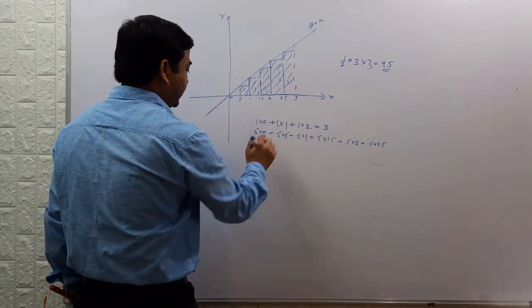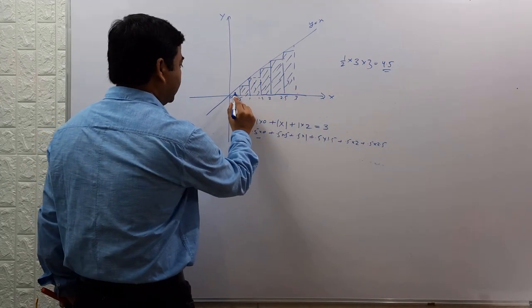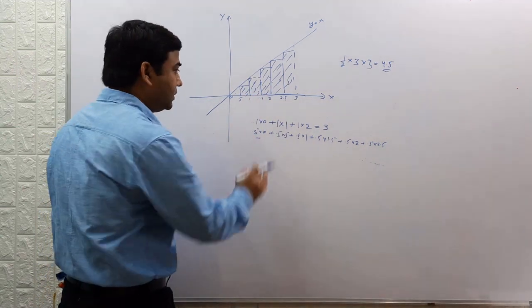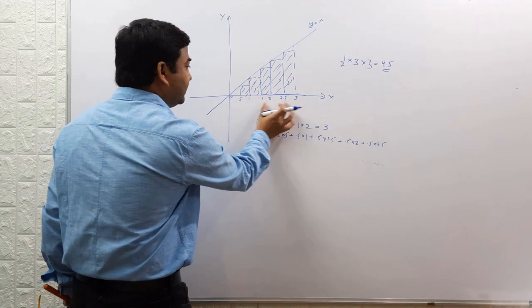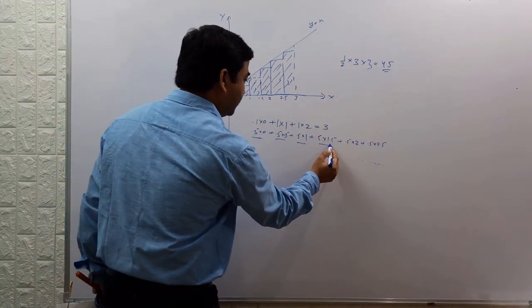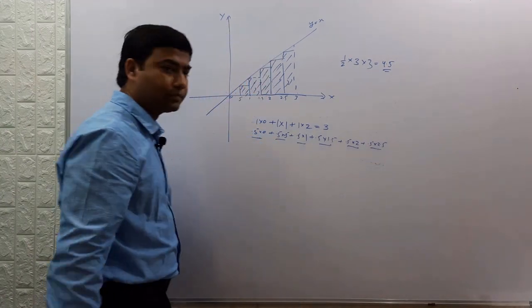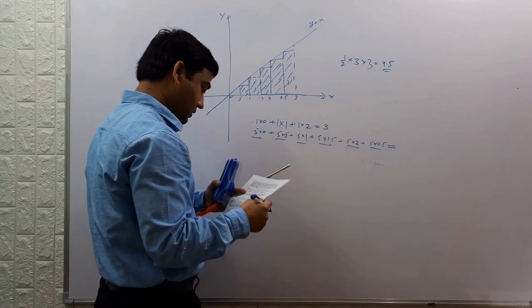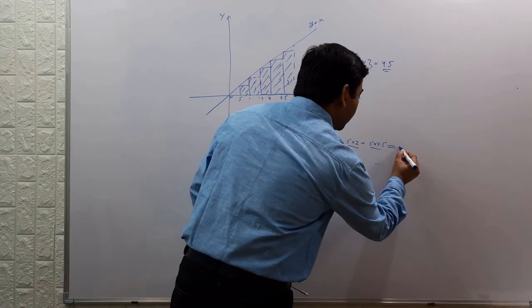You see there are 1, 2, 3, 4, 5, 6 parts. We have divided the triangle into 6 parts. Now the sum of this area is 3.75.